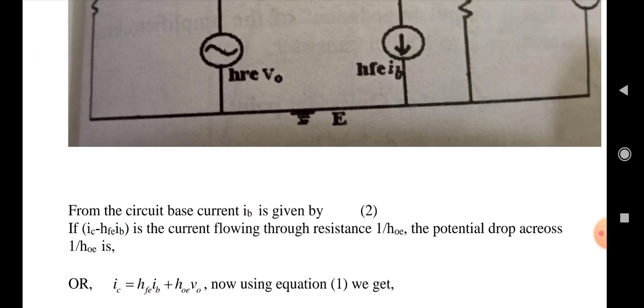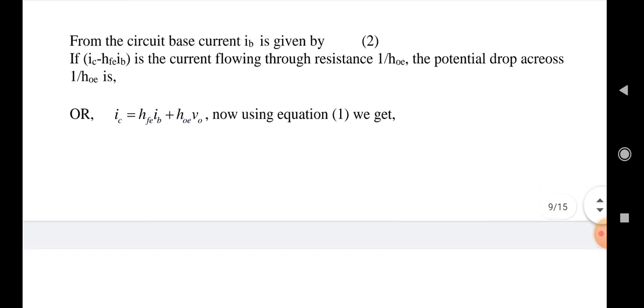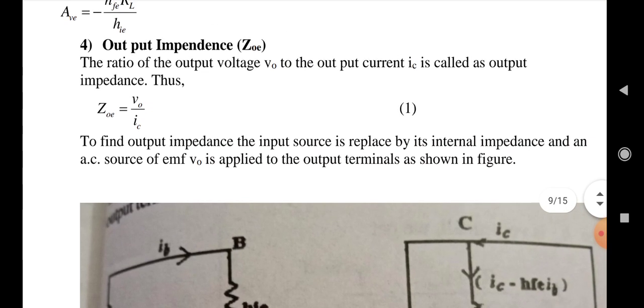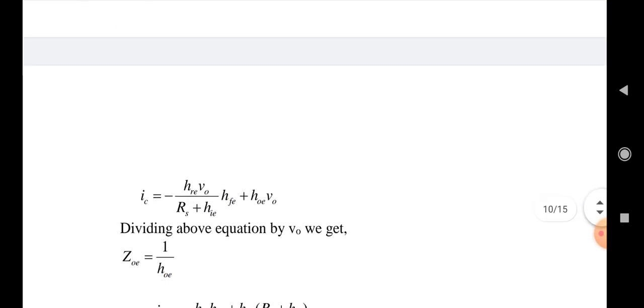From the circuit base, I_b is given by, I_c minus h_fe I_b is the current flowing through the resistance 1 upon h_oe, the potential drop across the 1 upon h_oe. I_c is equal to h_fe I_b plus h_oe V_o. Now from equation 1 we get I_c is equal to minus h_re V_o upon R_s plus h_ie, h_fe plus h_oe V_o.